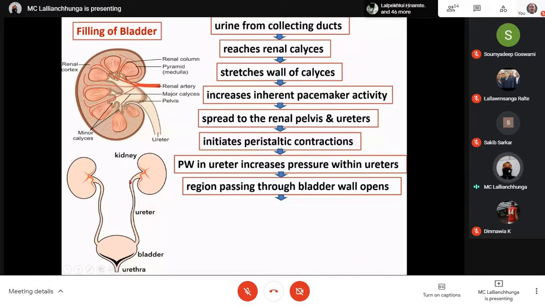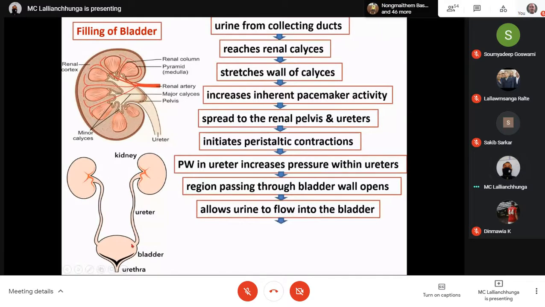When the peristaltic pressure reaches here, this increased pressure will also lead to increased flow of urine towards the bladder. Okay, and the region passing through the bladder wall opens. Okay, so here the ureteric opening will be open. Okay, it allows urine to flow to the bladder. So ultimately, urine will flow into the bladder.